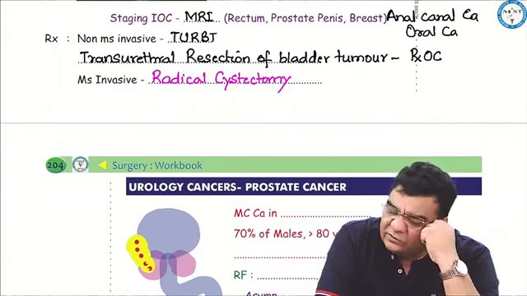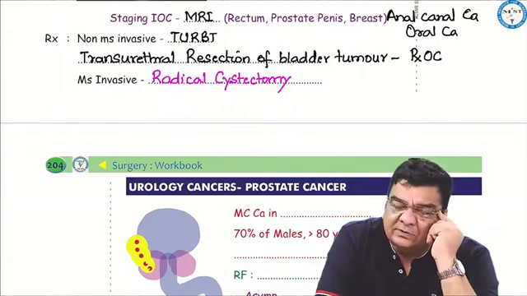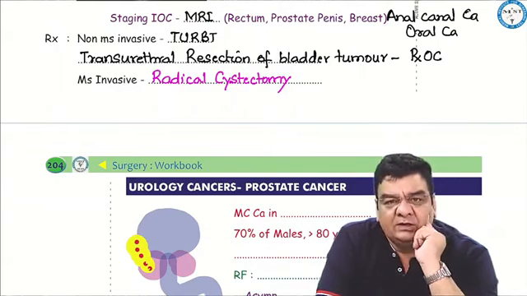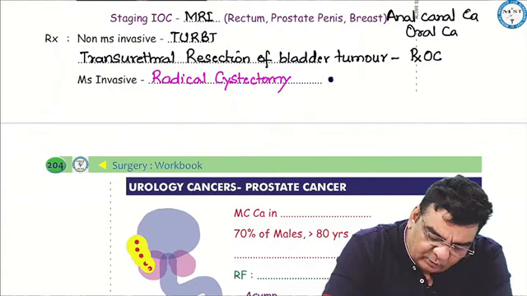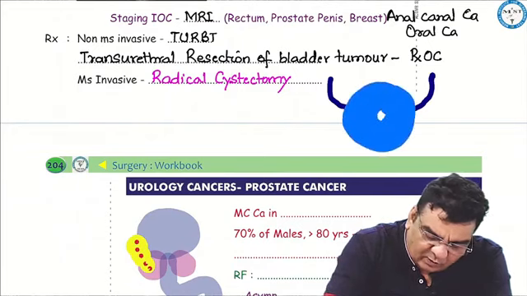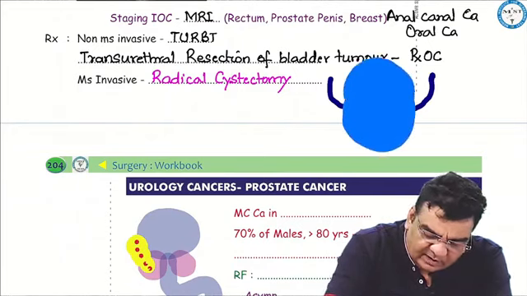Or if suppose we do not have that surgical expertise to create a new bladder, then we have to do something for the ureters, because we all understand that both the ureters come from the kidney and were actually opening into the bladder. But now you have removed the urinary bladder.